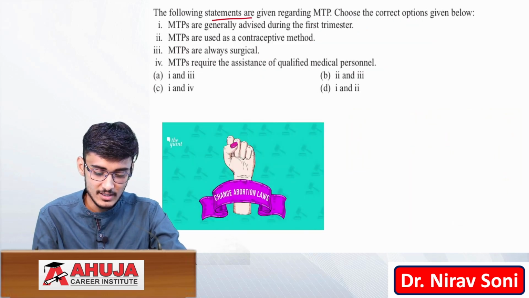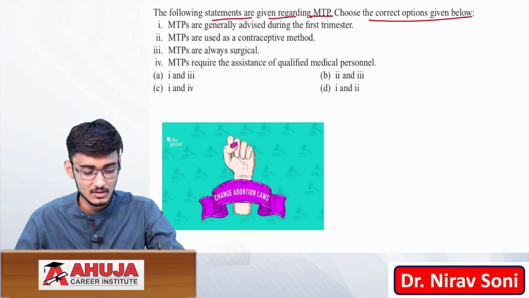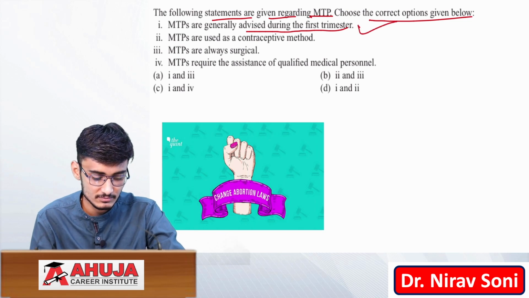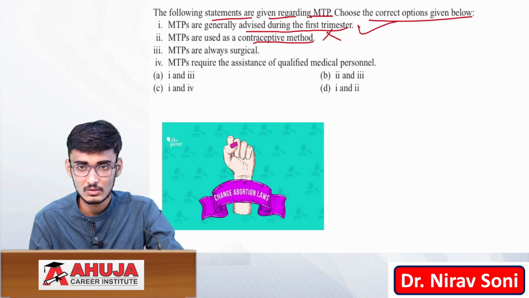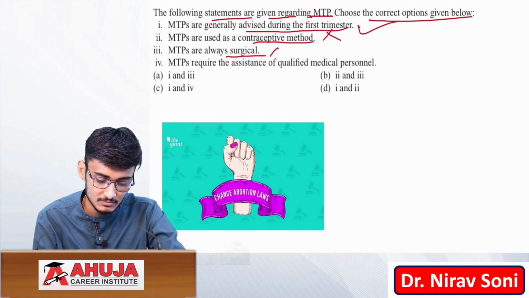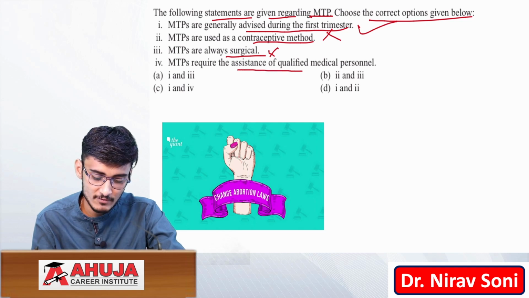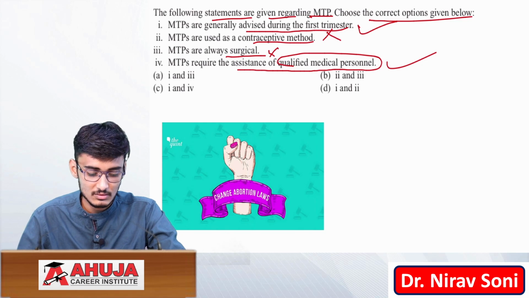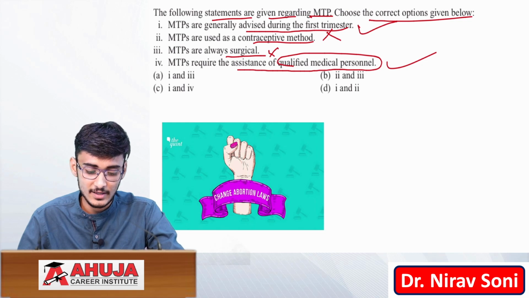The following statements are given regarding the MTP. Choose the correct option given below. MTP is generally advised during the first trimester. It is also correct. MTP is used as a contraceptive method? No. MTP is always surgical? No. MTP is assisted by qualified medical personnel. Yes, medical personnel. MTP is not always surgical. Some types of medication we can give.